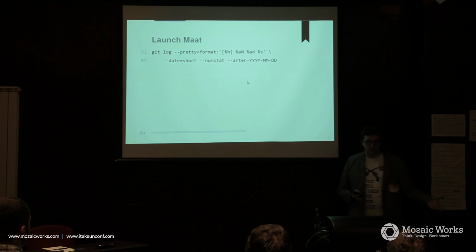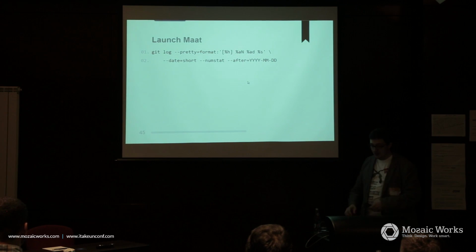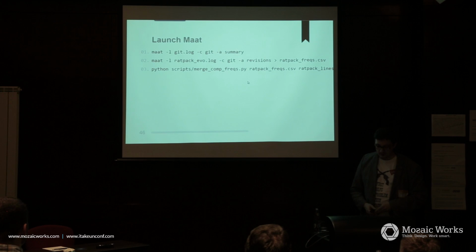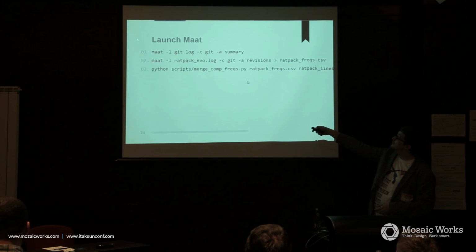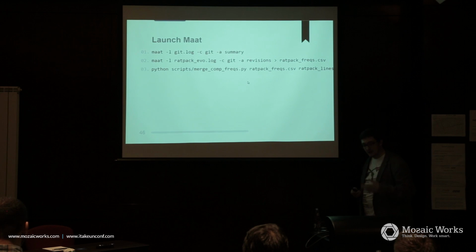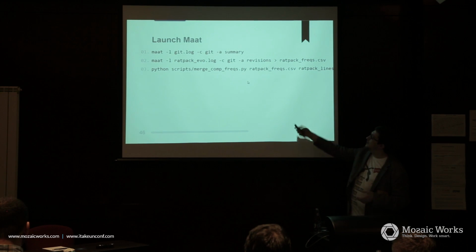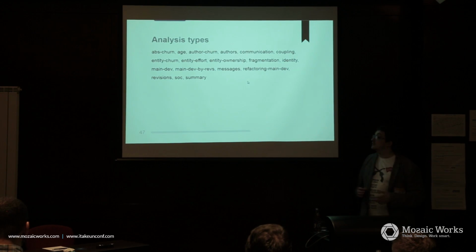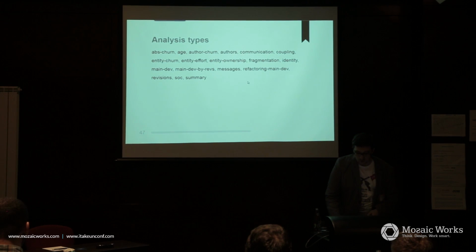You feed it a Git log and you get some useful statistics. You run it with the Git log, you can also feed it some version, and the type of report you want to get is summary, and it supports many other analysis types. I think it's growing now, so it should be even more by now.